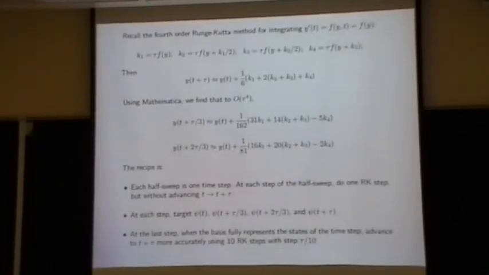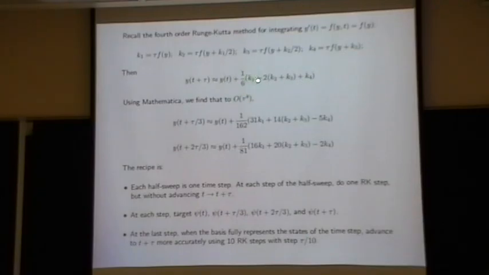So the way to do it is by using a similar idea as Runge-Kutta. We can calculate the state at t plus tau, of course, using this famous formula that we all know from basic numerical analysis. It turns out that we need four auxiliary vectors to calculate the new Runge-Kutta state.